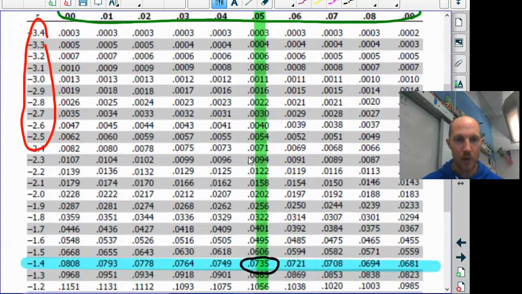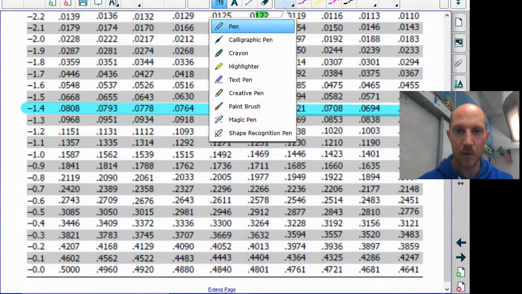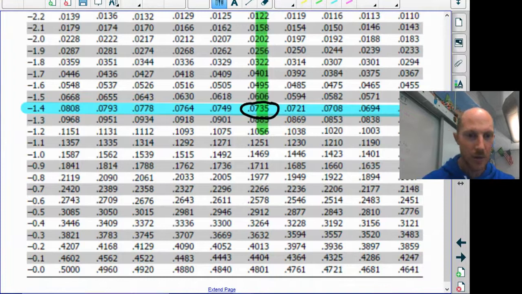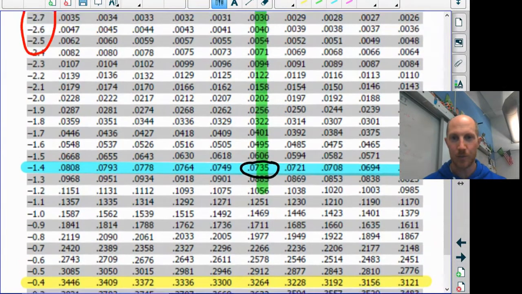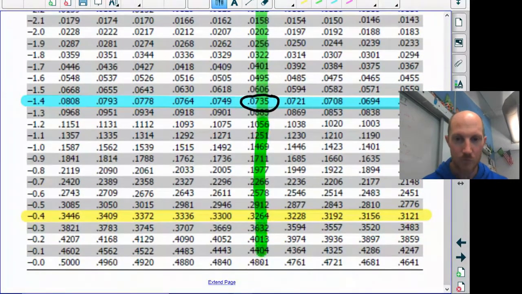Okay, so I need this page of my table, and I have to scroll down even further to get my first digits of negative 0.4, so that's right here. Someplace in this row, I'm looking for that second decimal place to be 5, which is the same column that I've highlighted before, the green one. So I just extend that same column down so I can see where they intersect.